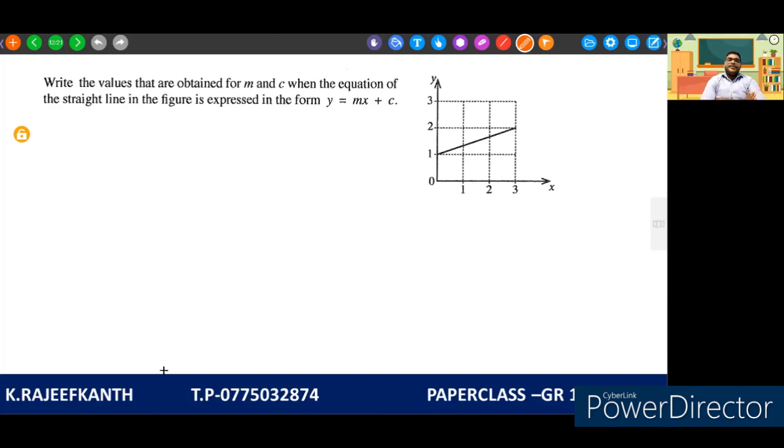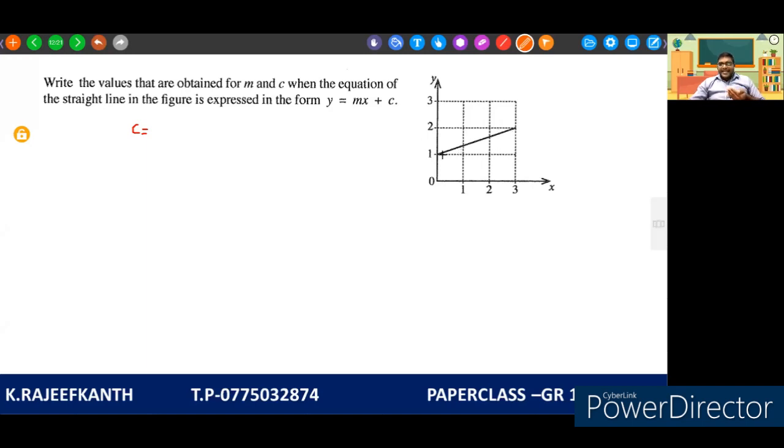Right. Here the question is, write the values that are obtained for m and c when the equation of the straight line in the figure is expressed in the form y equals mx plus c. So how can we find the value of m and c? Directly we can find the value of c, because what is intercept?